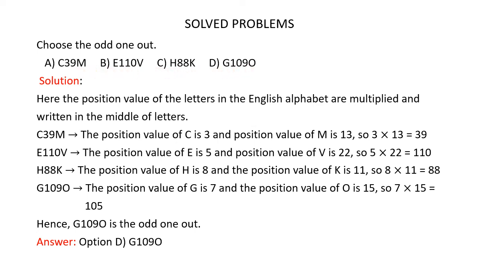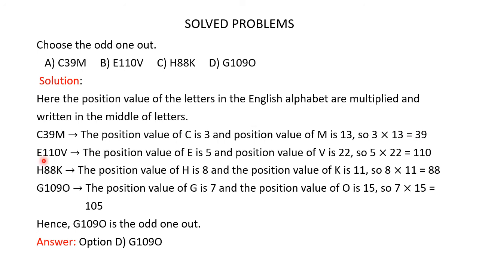Now when you look at these four options, you will see that the position value of the letters in the English alphabet are multiplied and written in the middle of the letters. That is, in option A, C39M, the position value of C is 3 and position value of M is 13, and 3 multiplied by 13 is 39.